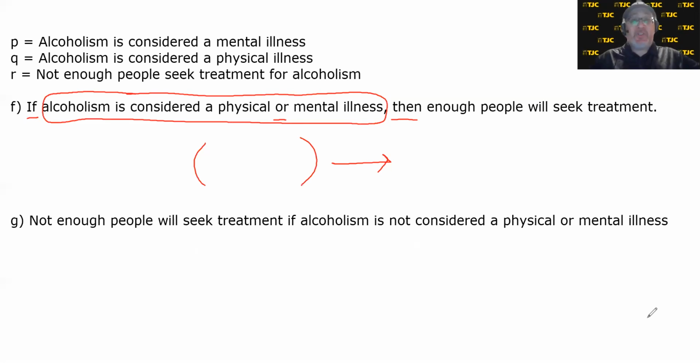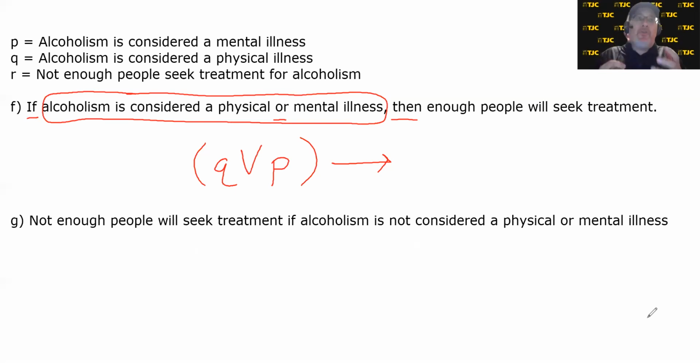Alcoholism is considered a physical or mental illness, which is the same as alcoholism is considered a physical illness, statement Q, or alcoholism is considered a mental illness, statement P. And all of that is the first part of the if-then.